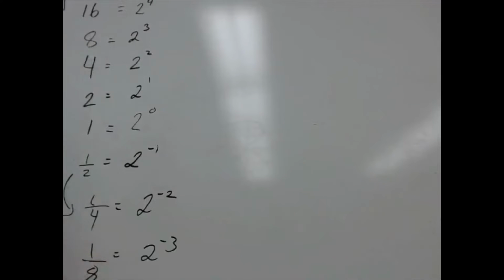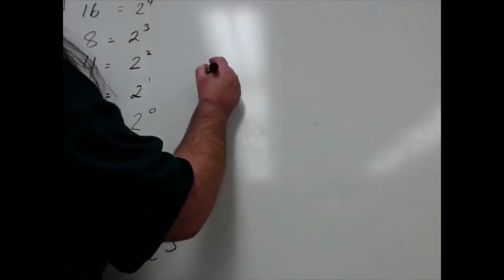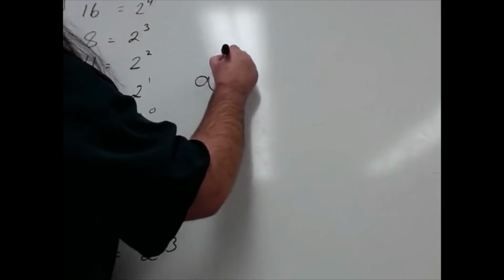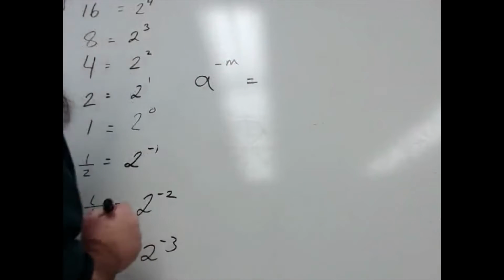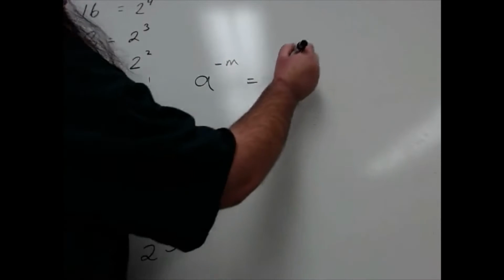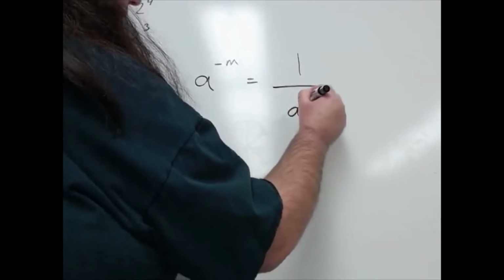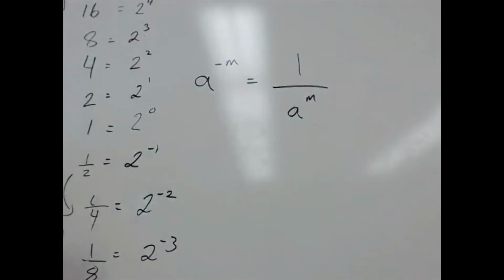So 2 to the 3 is 8, so 2 to the -3 is 1/8. 2 to the 2 is 4, so 2 to the -2 is 1/4. So in general, when I have a to the -m, that can be rewritten as 1 over a to the m, no matter what a and m are.